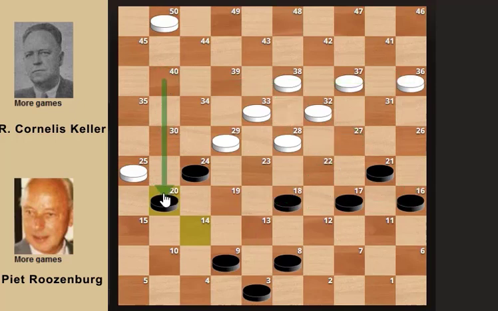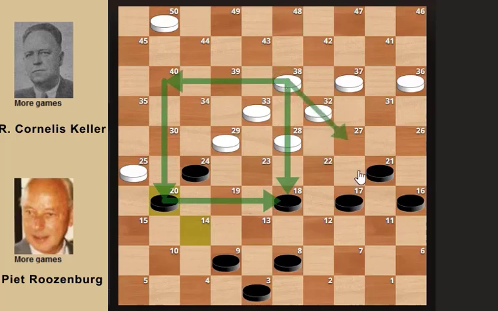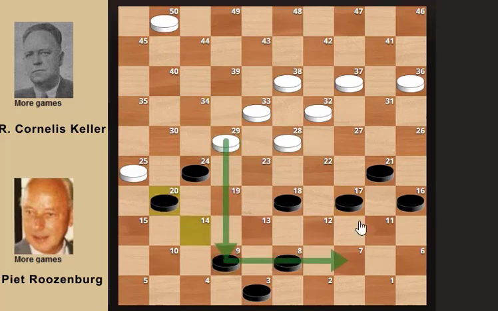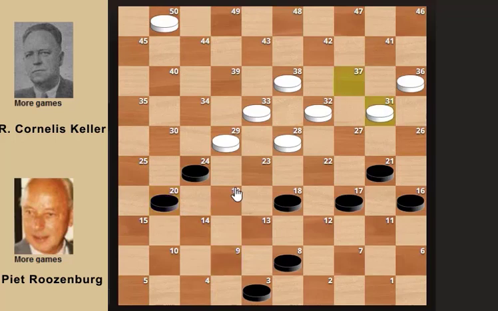So if you have a square here, we can also have it like this. So like this situation here, and draw the square, we see that it forms a triangle. So we can move to that position. So the exchange was made, and Keller played 37, 31.